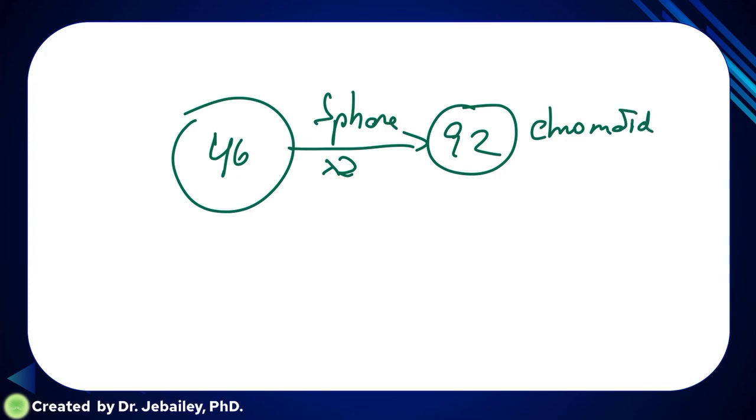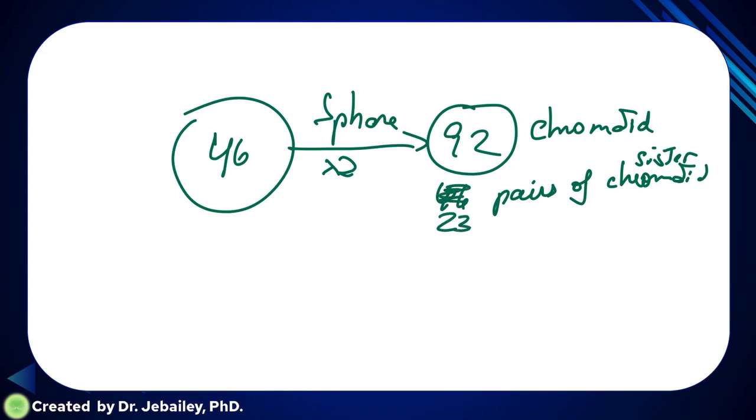If we put it in other words, you can say that they are made of 46 pairs of chromatids. Now, when we say this, or when we say sister chromatids, students get lost with these words: 92 chromatids, or 46 pairs of sister chromatids.